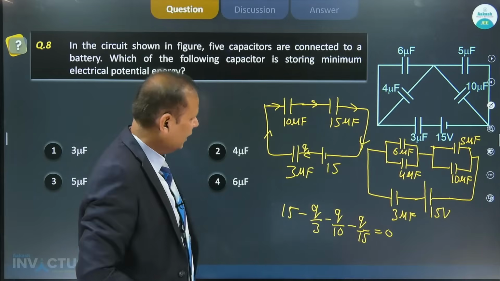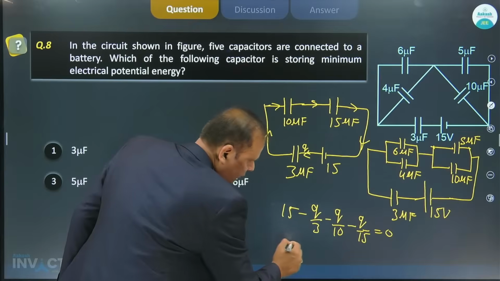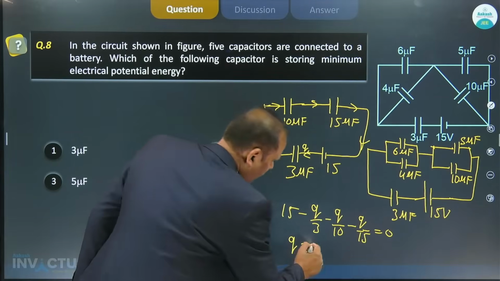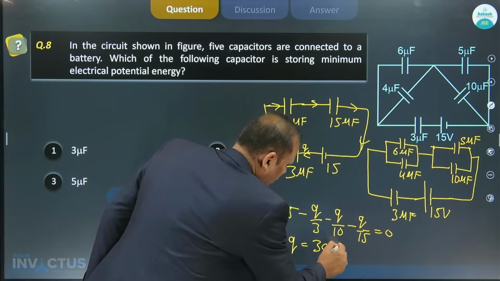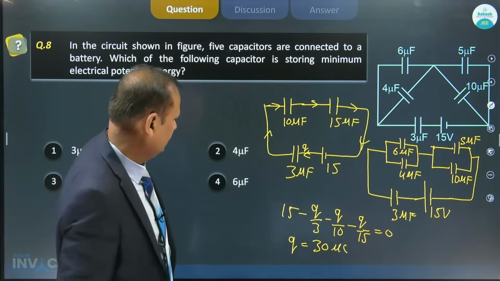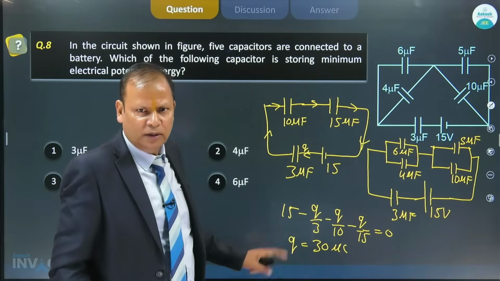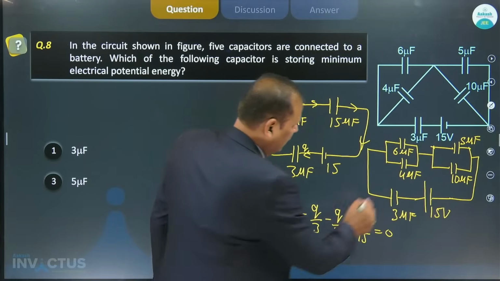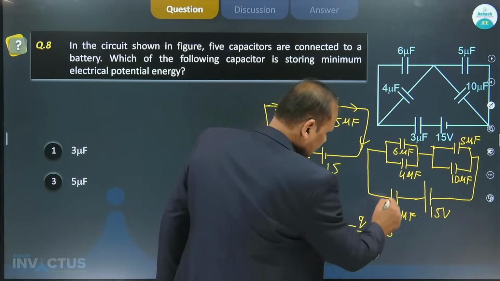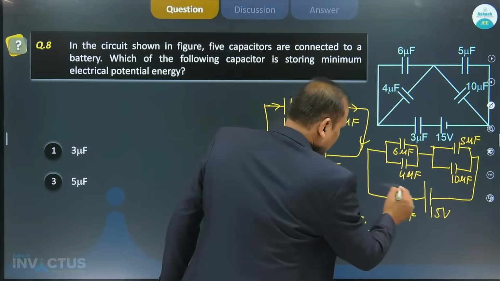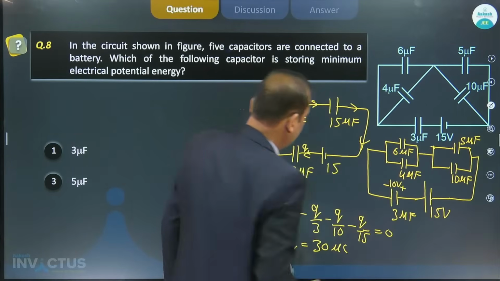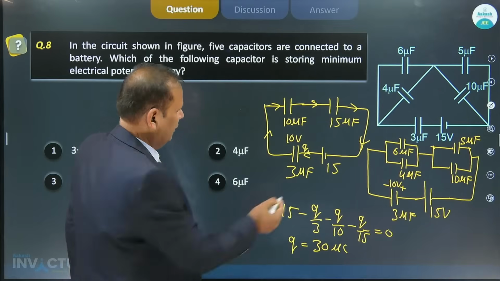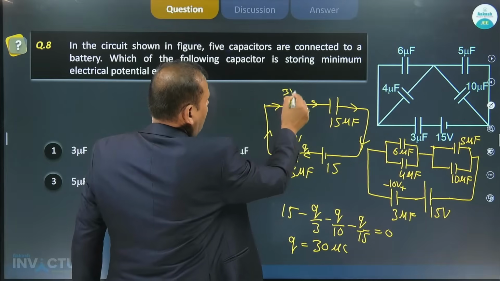So we can solve it, and Q is equal to 30 microcoulomb. Just you can solve it. So now the voltage here is Q by 3, that is 10 volt. Here 3 volt, 3 volt. Here 2 volt.